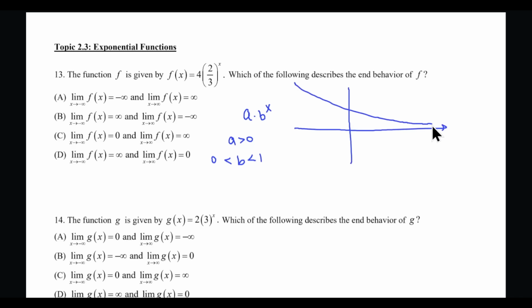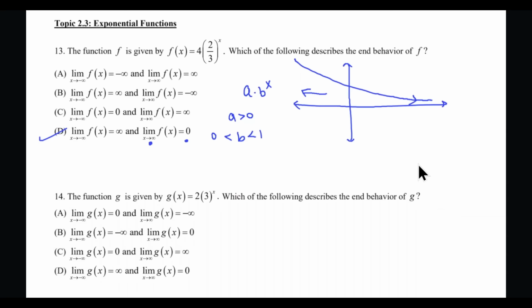So it looks like this. Clearly, if x is approaching positive infinity, this is going to 0. Honestly, this is the only option that has this. And if x is going to negative infinity, it should go to infinity, which is also matching. So it should be option D.